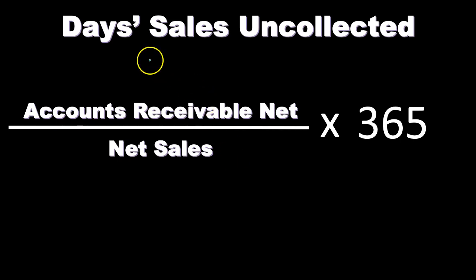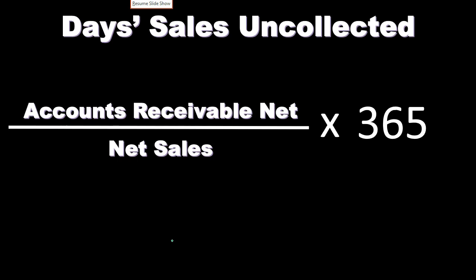It's the top line sales revenue item we're talking about, but net of contra sales accounts such as allowances and discounts. So notice what we're comparing here. We have the days sales uncollected. So how long are the sales going to be uncollected? In other words, giving us an average of how long it takes for us to collect on the receivables. And as we consider this number, we of course want to consider it with regards to the terms that we have when we usually make a sale. In other words, how long do we usually give our customers to pay off a credit term?